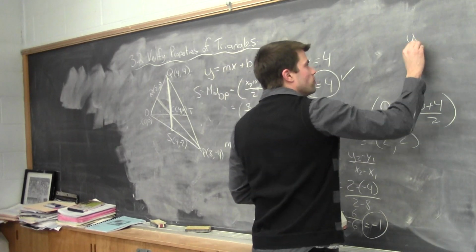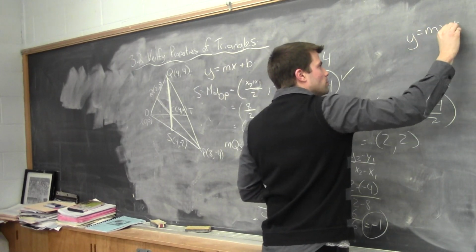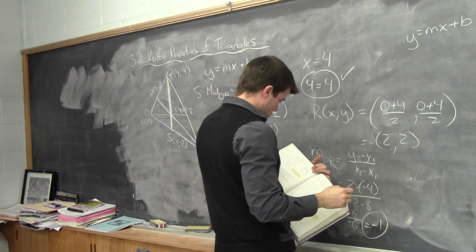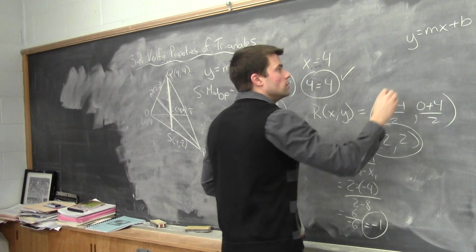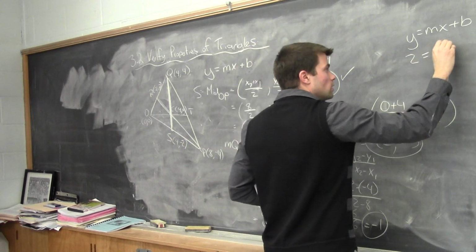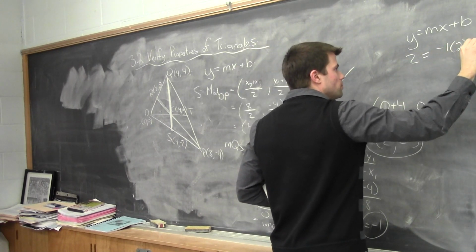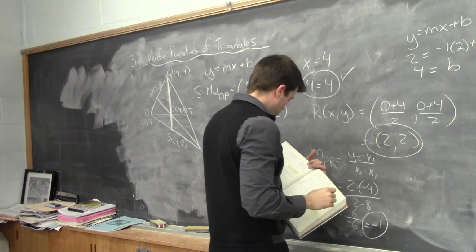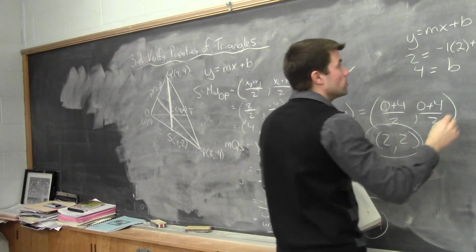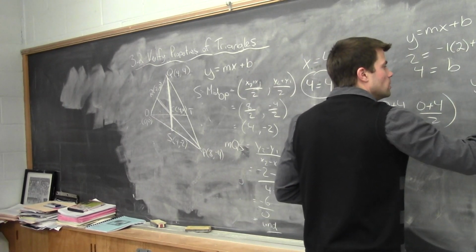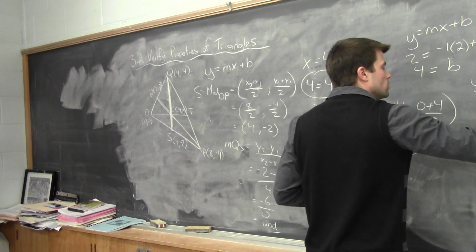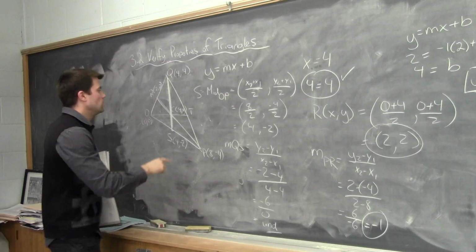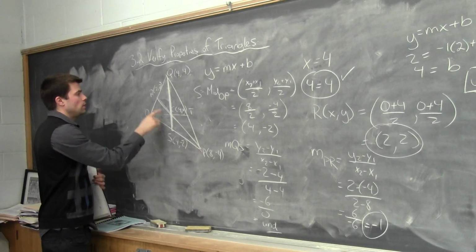We're going to plug that into the formula y equals mx plus b. We're also going to plug in a point on the line, 2, 2. So we have 2 is equal to -1 times 2 plus b. Solve for b. So therefore our equation is y equals -x plus 4. So there is our equation for this median, PR.